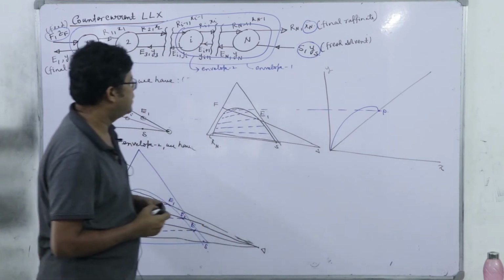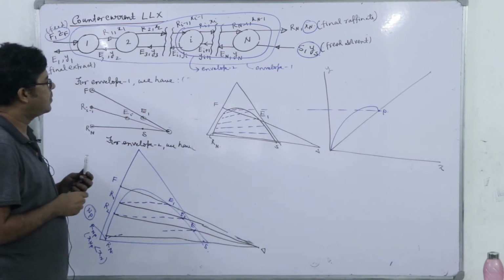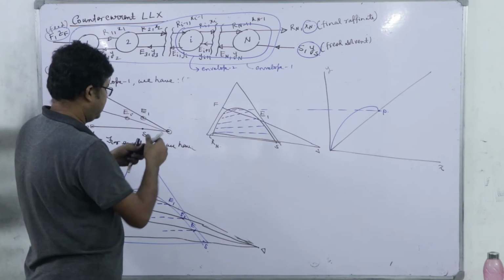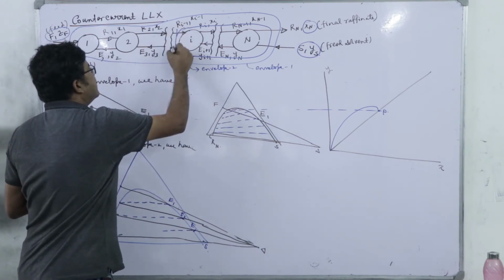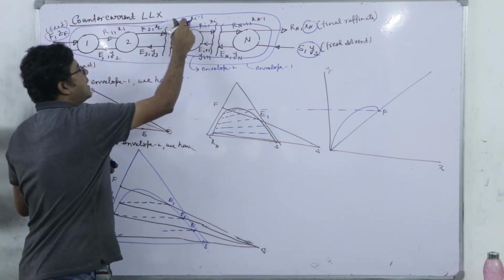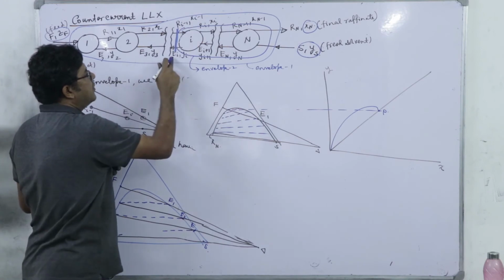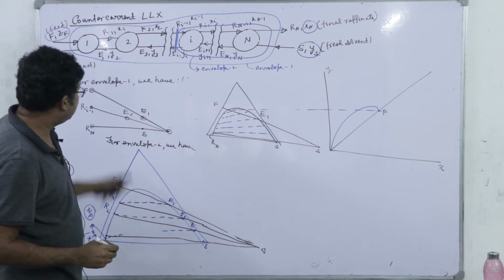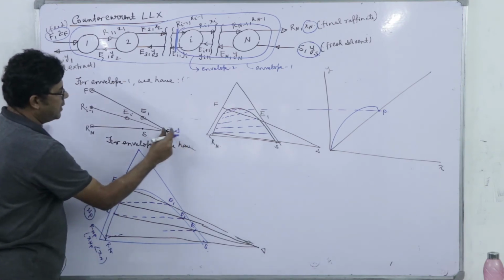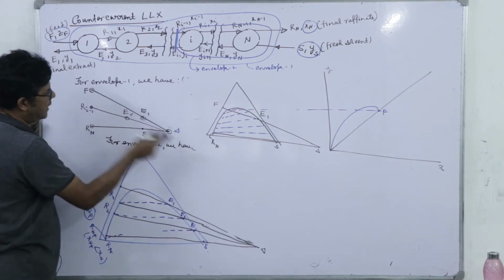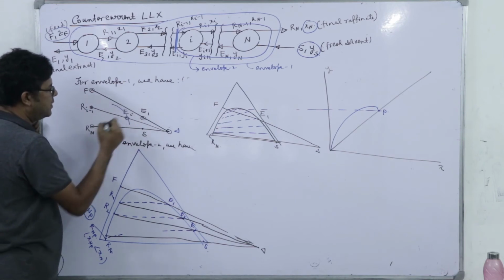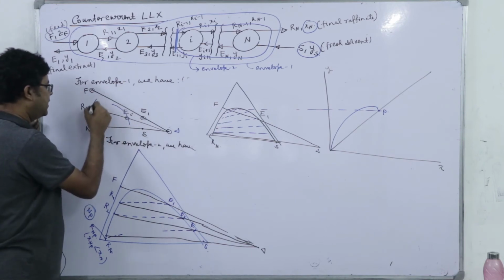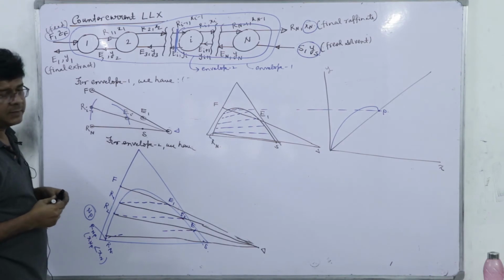Now, you see at any section, just like here, what are the streams? R_(i-1), composition x_(i-1), and here it is E_i with composition y_i. So, we have seen that from the delta point, if I draw any line, it will intersect the extract arm at E_i and the raffinate arm at R_(i-1).